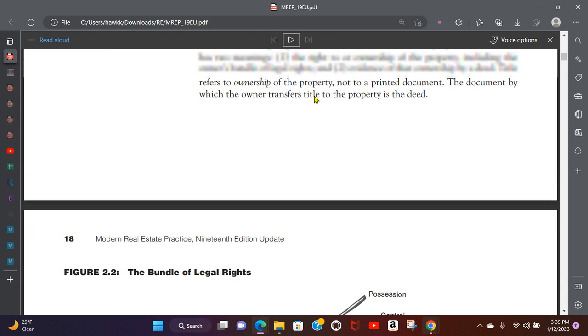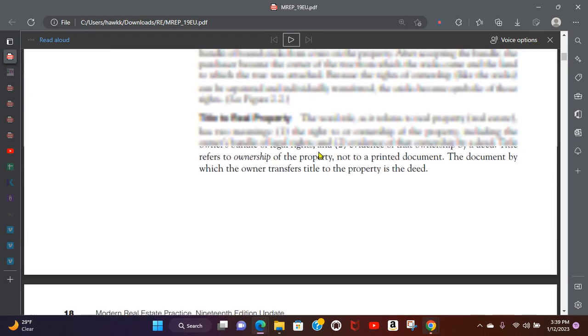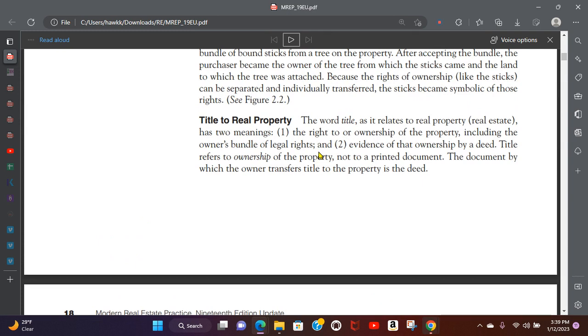So let's break it down. Title to real property. The word title relates to real property, real estate, and has two meanings: the right to or ownership of the property, including the owner's bundle of legal rights, and 2, evidence of that ownership by a deed.